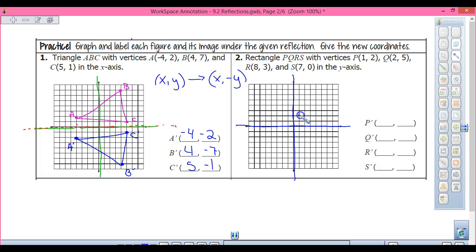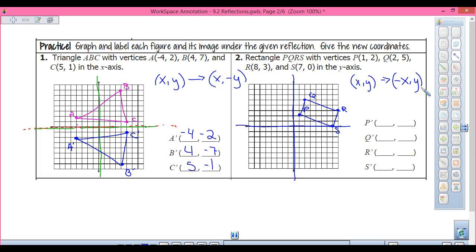So 1, 2 is B. For the y-axis, x, y turns into -x, y.